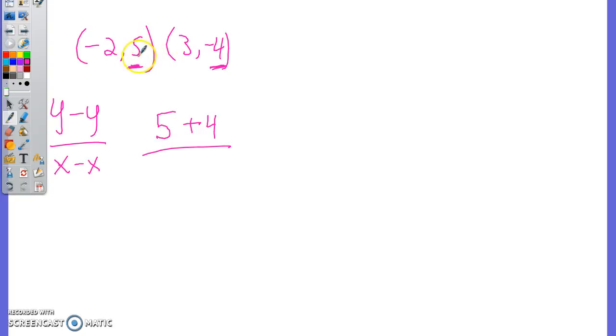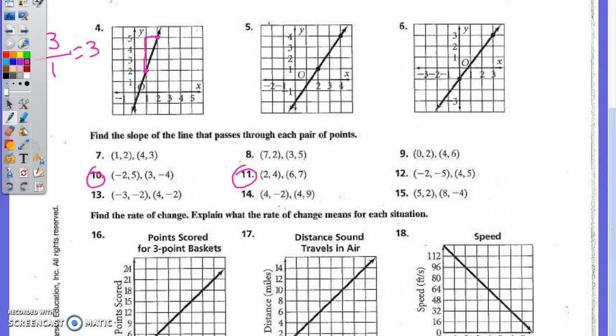So since I used 5 first, I have to use the negative 2 first down here. So negative 2 minus, because that minus is part of the equation, minus a 3. So that becomes 9. And negative 2 minus 3 is a negative 5. So we can just use that as our final answer. 9 over negative 5.